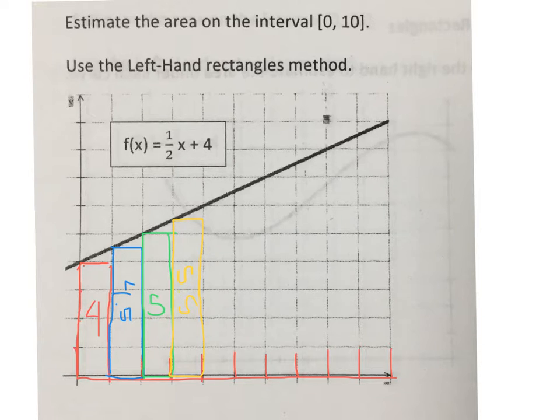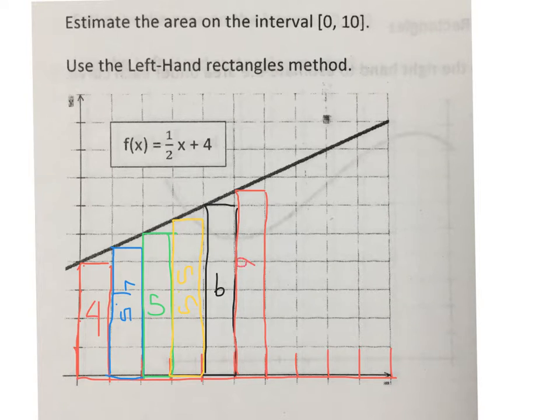Do you think this is gonna be an overestimation or an underestimation? Well, is the area gonna be more than or less than the actual area? It's going to be less than, because all of our rectangles are leaving a gap between the rectangle and the actual line, aren't they?